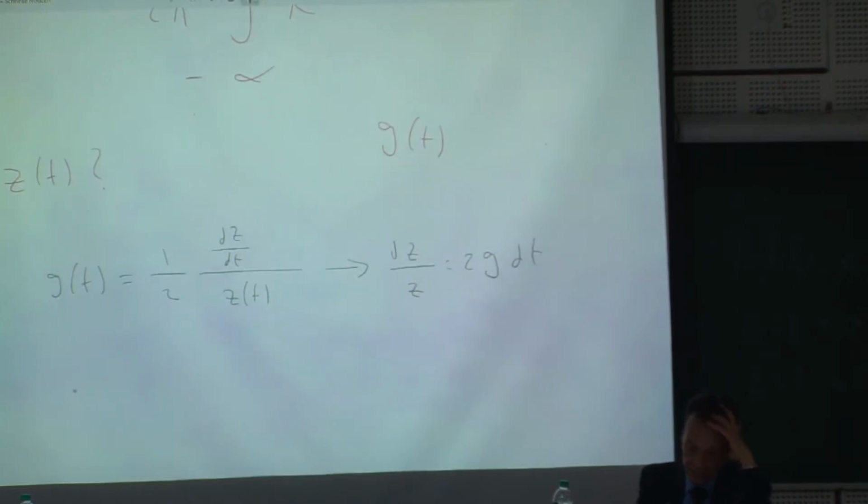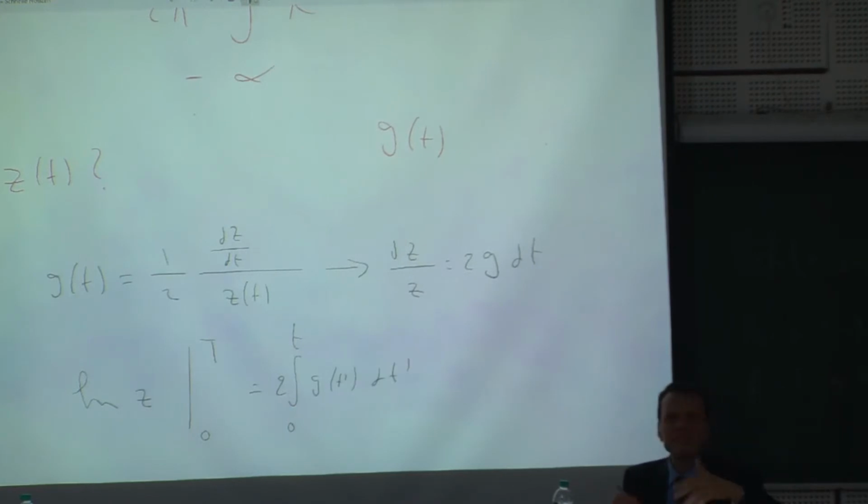So this means ln of z, if you integrate from 0 to a certain value t, is the integral from 0 to t of g of t dash dt dash.